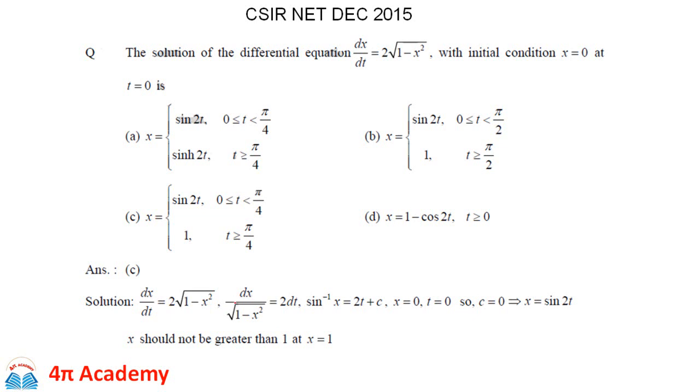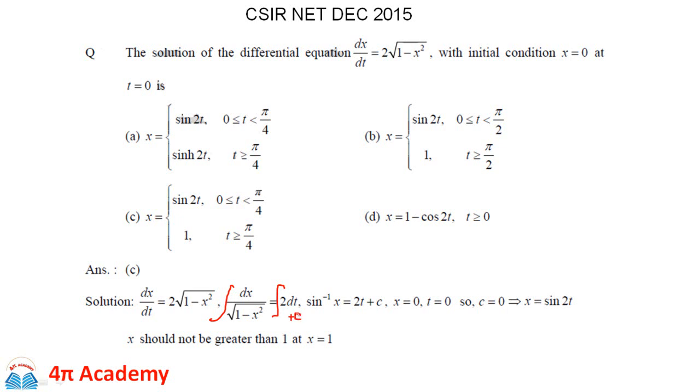So it will be dx upon square root of 1 minus x square, and it is equal to 2 times dt. Now integrating it, we get the integration of this is equal to integration of 2 times dt plus c.